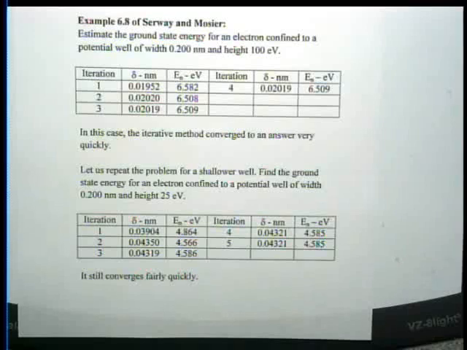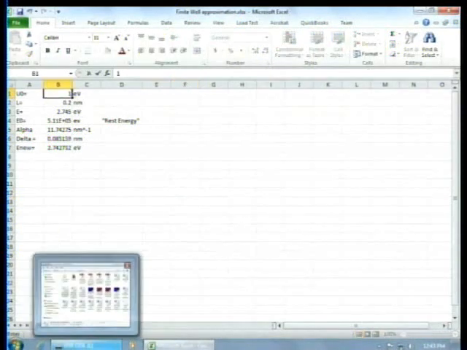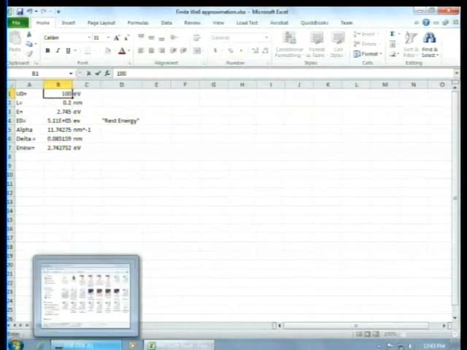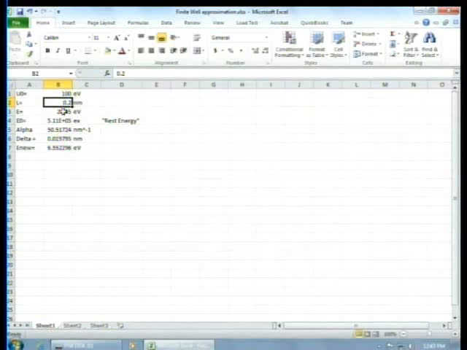So I sat down with a spreadsheet, and I put up here first, it says 100 electron volts, okay? So we'll make that 100. It says the width of the well is 0.2 nanometers. Got that. Energy. My first guess would be an energy of 0.